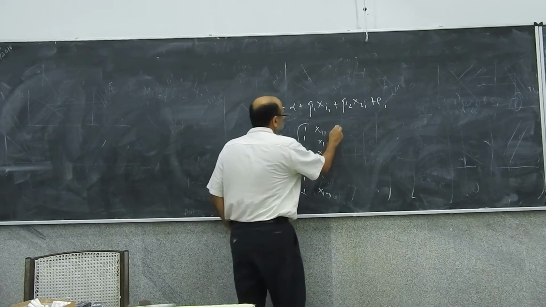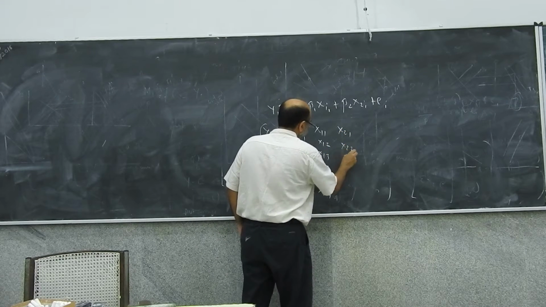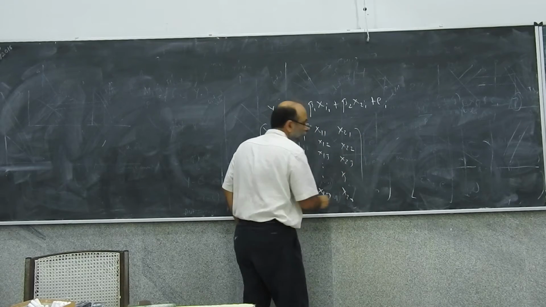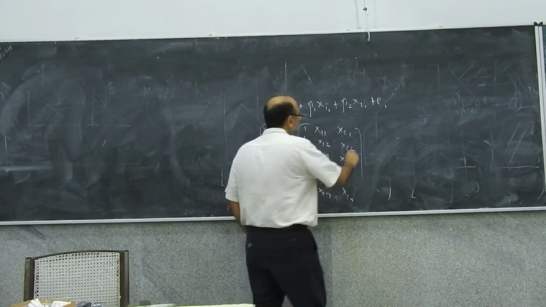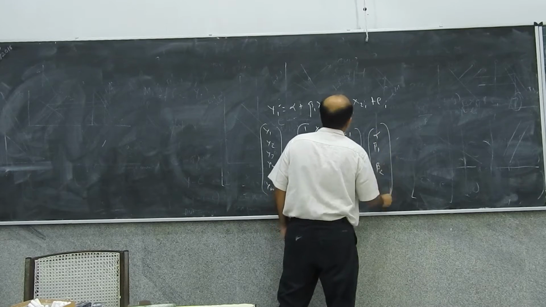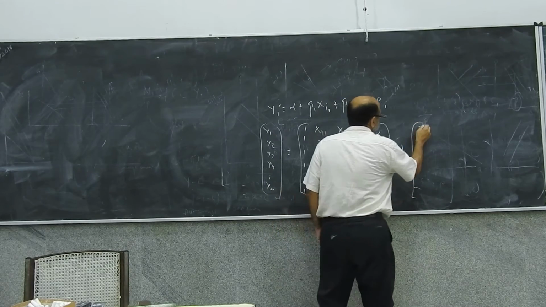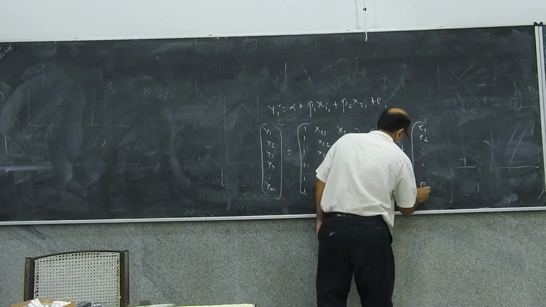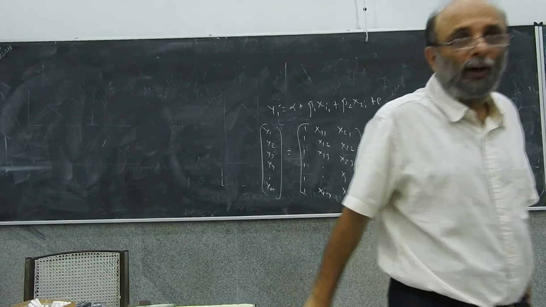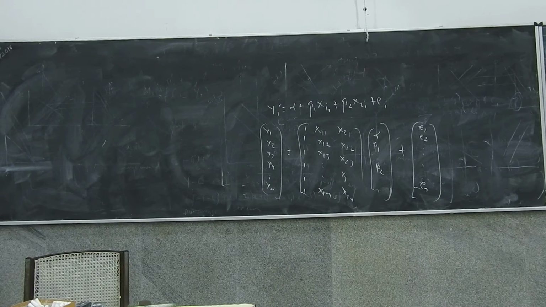The third column will be x21, x22, x23, up to x2n. And then you write alpha, beta 1, beta 2, plus e1, e2 up to en.